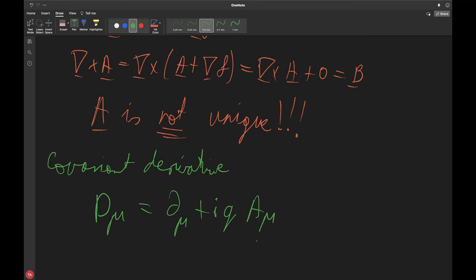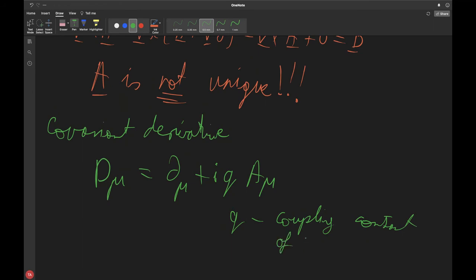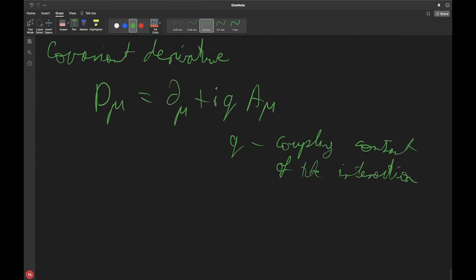A mu is the vector potential, and q is the coupling constant of the interaction. If you want an example, the coupling constant of the interaction for EM is the charge. That's why it makes sense to call it q, but we could call it anything else, right?